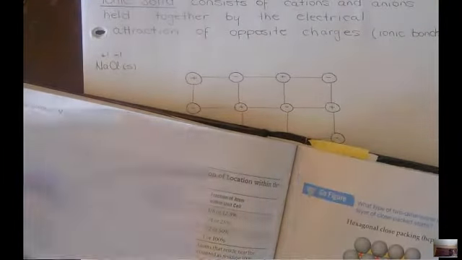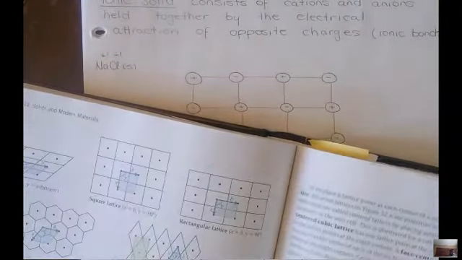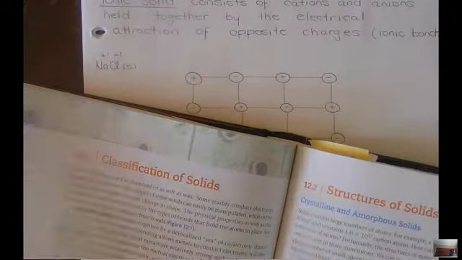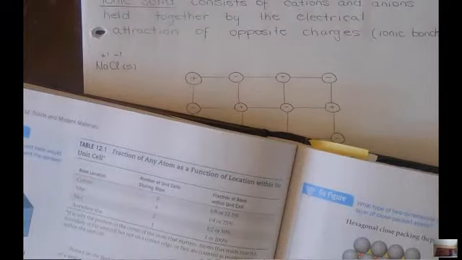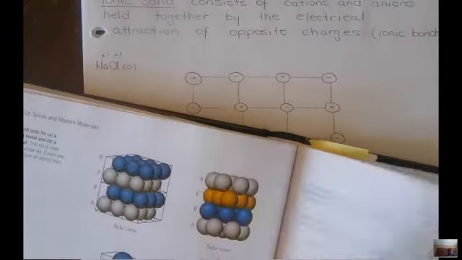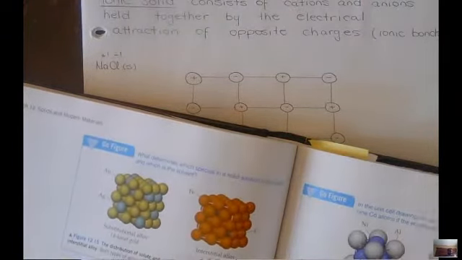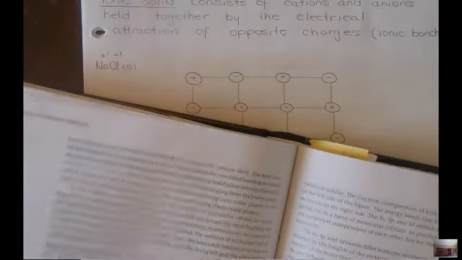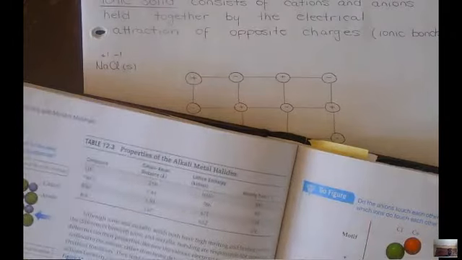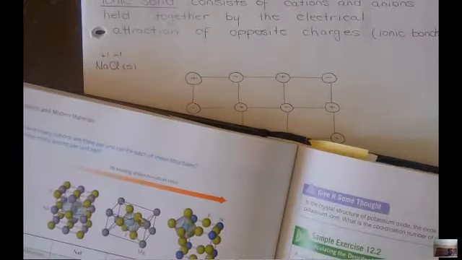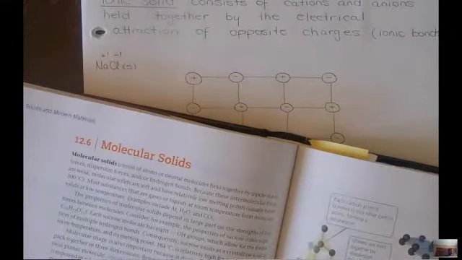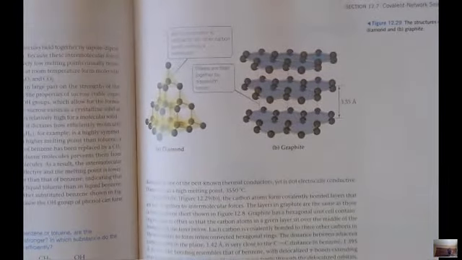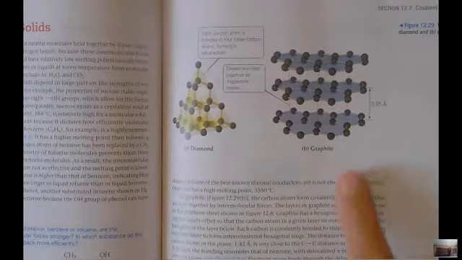Okay, so let me see if I find examples of the carbon. Okay. They don't have the asbestos, but they have the diamond and the graphite.